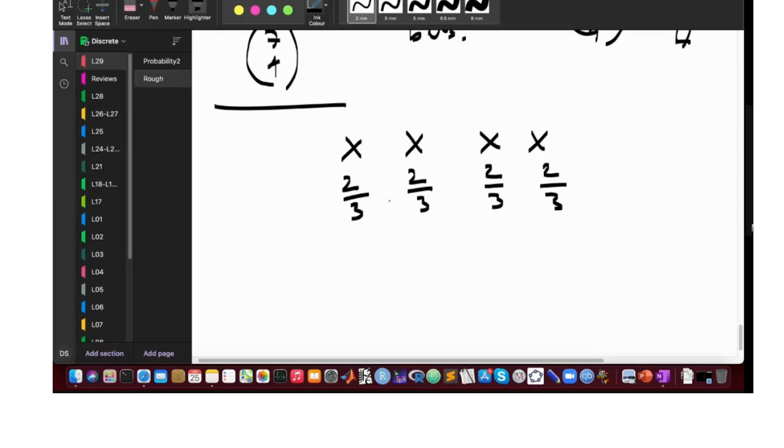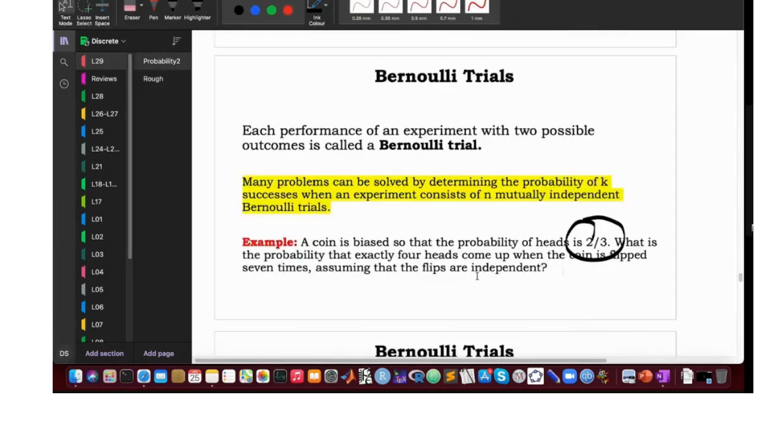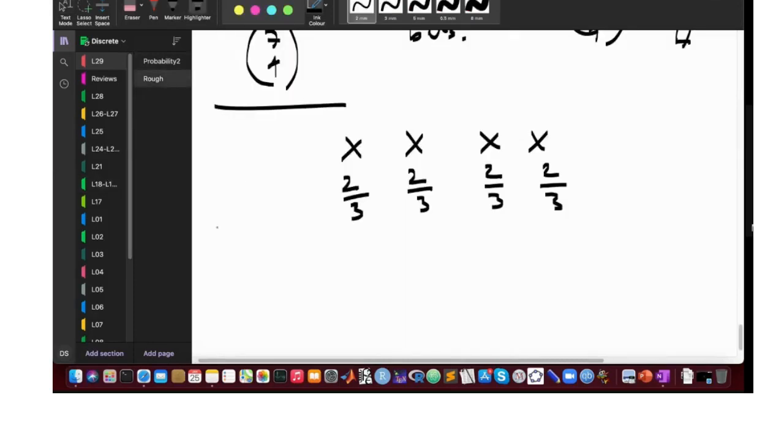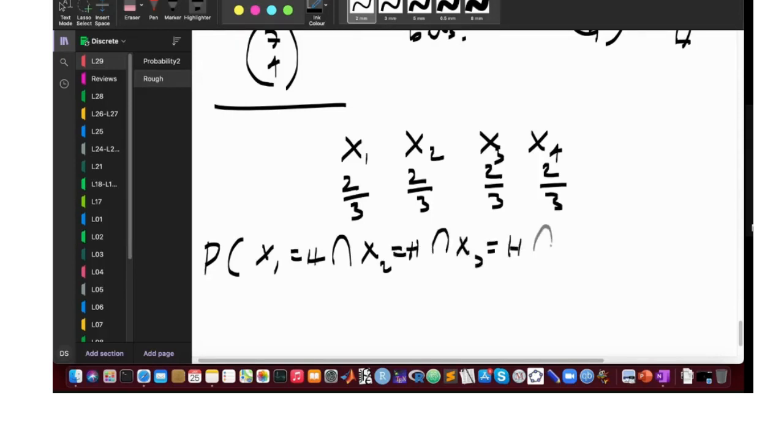Yeah, it's 2 over 3 power 4 because हमने यहाँ पे कहा है कि these flips are independent. Okay, अब वो चूंकि independent है तो फिर हम independence वाला फार्मूला यूज कर सकते हैं कि probability that, let's say कि ये x1 है, ये x2 है, ये x3 है, ये x4 है. x1 is head and x2 is head and x3 is head and x4 is head.